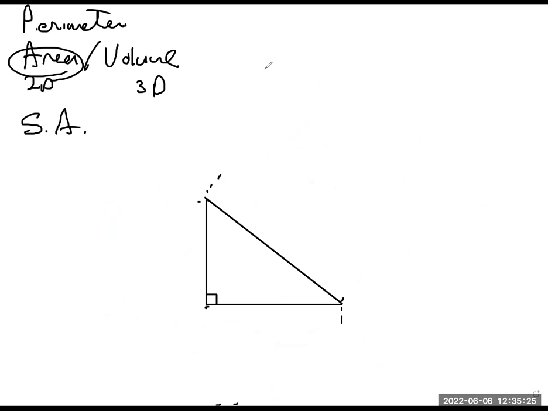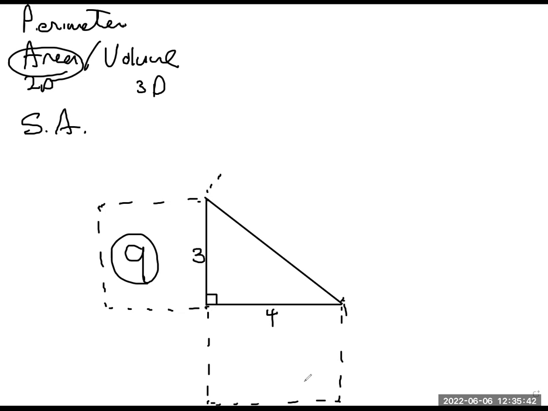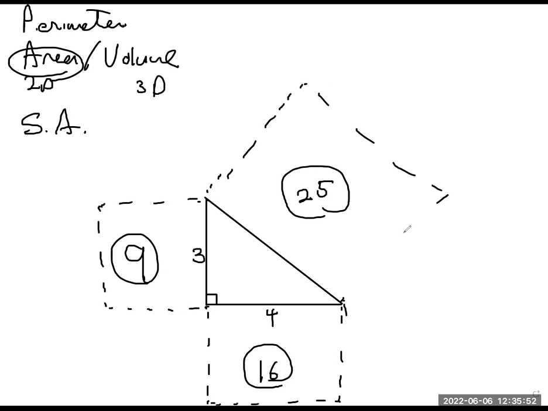But the idea was this: if I have a 3, what is the area of this square? 3 times 3, which is 9. Okay. If this length was a 4, what is the area of that square? 16. 4 times 4.